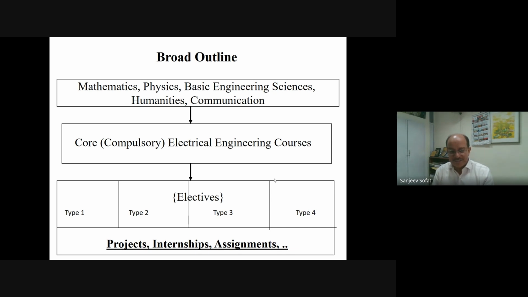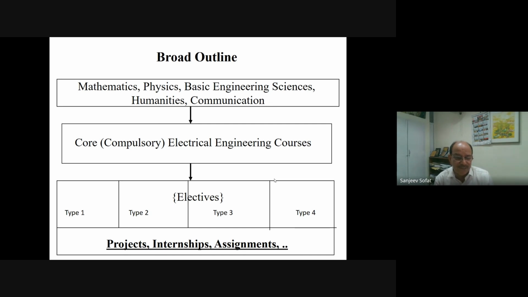Then on top of this, you have to think about the various electives. What we mean by elective courses is, okay, I taught the student 4-5 core courses. These are directions in which one can go. Can I think about electives for each one of them? That's what we call the basket approach. In case a student wants to offer a particular basket, he can take various electives from that particular basket only.